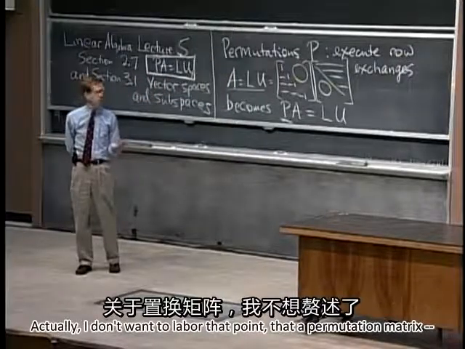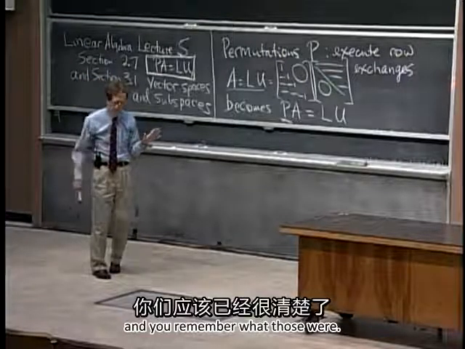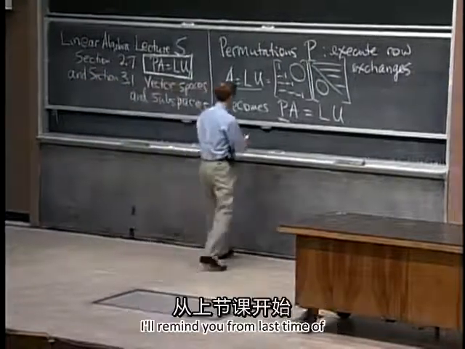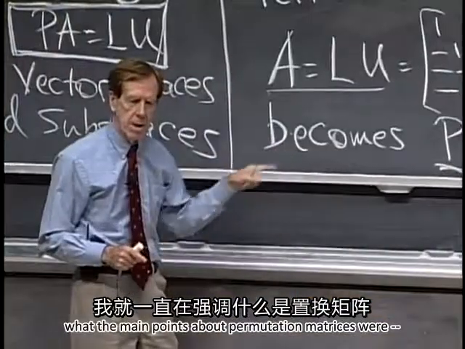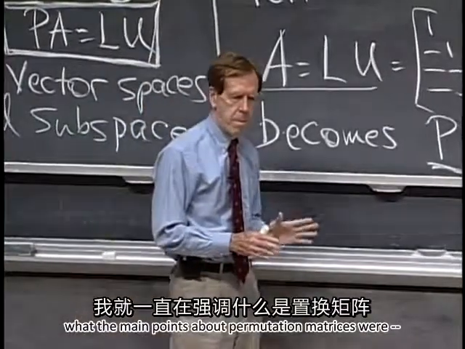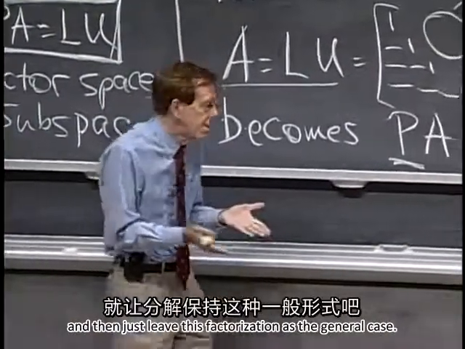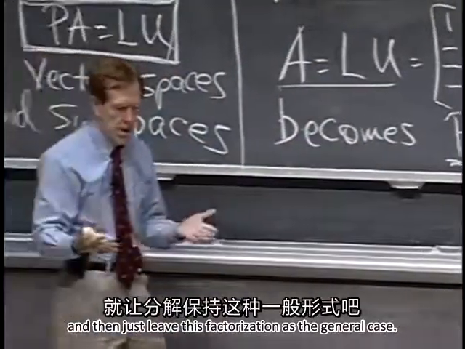That a permutation matrix, and you remember what those were. I'll remind you from last time of what the main points about permutation matrices were. And then just leave this factorization as the general case.